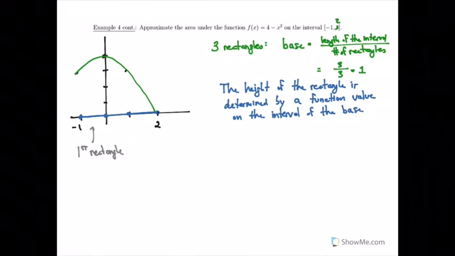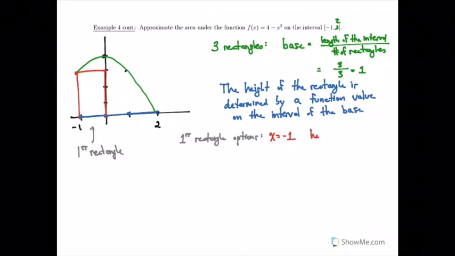So for the first rectangle, some options may include that we could use x equals -1. Let's actually draw these rectangles in here. We could use x equals -1 as our height, and we would go up to -1 on the function, and that would correspond to the height of our rectangle.